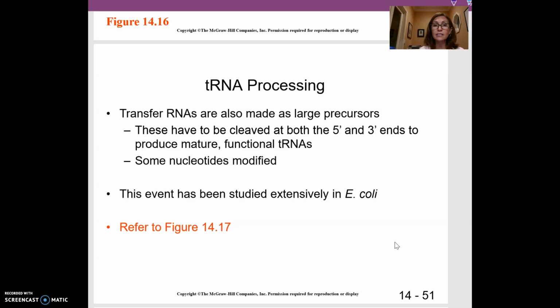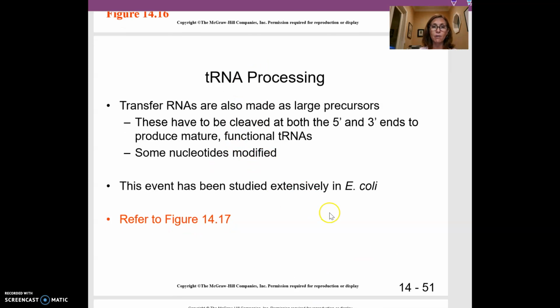Transfer RNA is a little bit different. Basically what happens with transfer RNA, and this is pretty consistent between eukaryotes and prokaryotes, is that these transfer RNAs have really, really big precursor RNAs. In other words, they're large pieces of RNA that get cut up into multiple transfer RNAs. And some of them are modified.